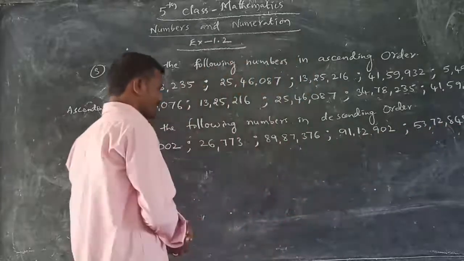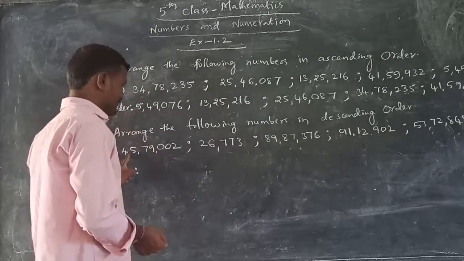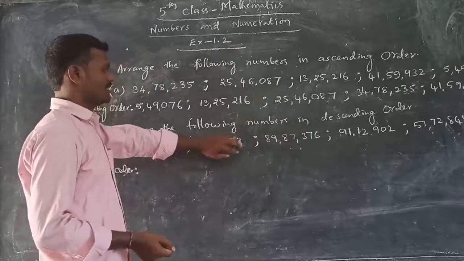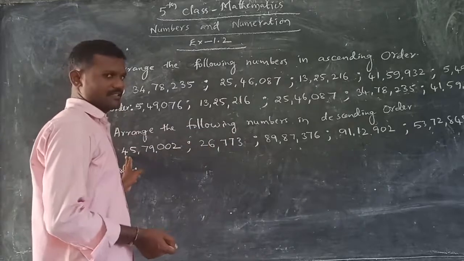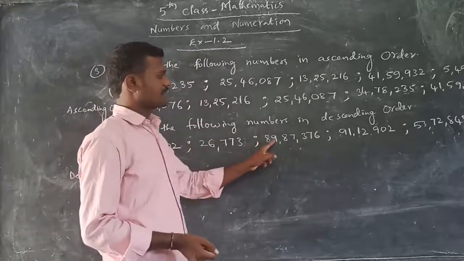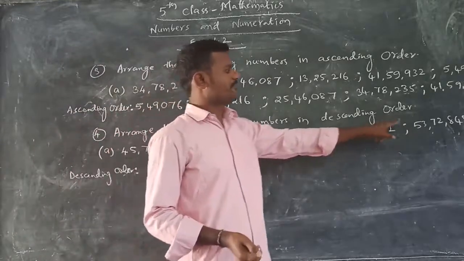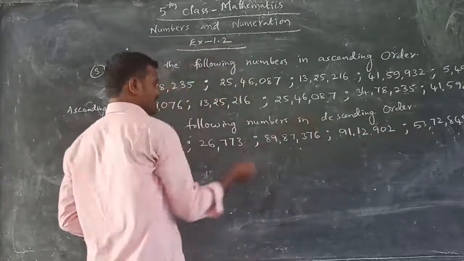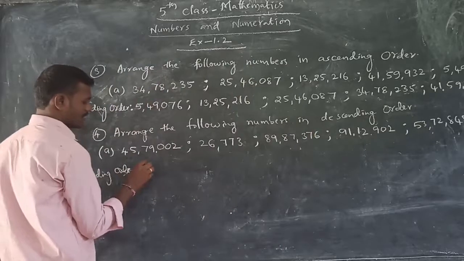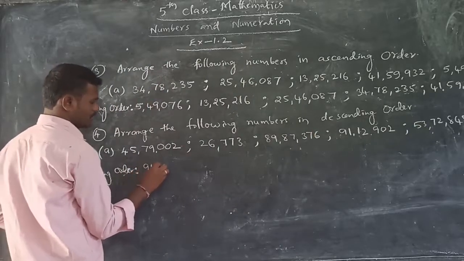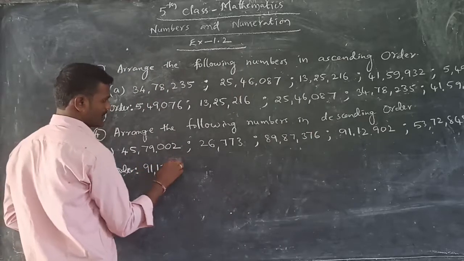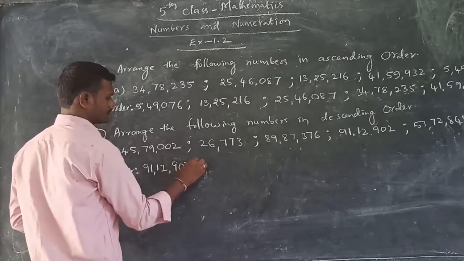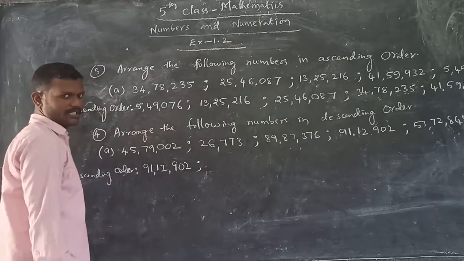If you read that, what are you getting? 45 lakhs. This is thousands, so it is a smaller number. Leave it. 45 lakhs, 89 lakhs, 91 lakhs, 53 lakhs. Which is bigger in this? Obviously 91 lakhs is bigger, so write here 91 lakhs 12,902. It is the biggest number.